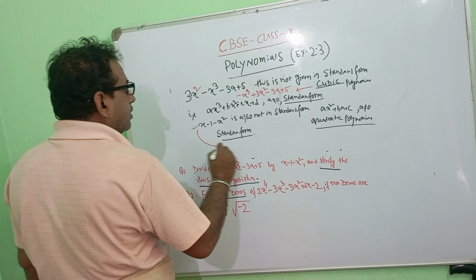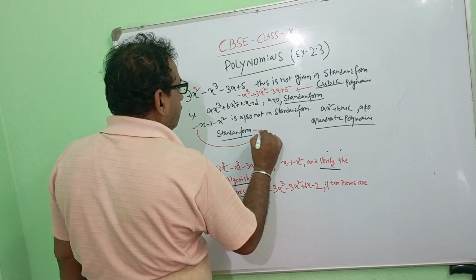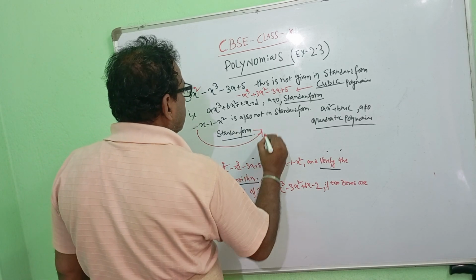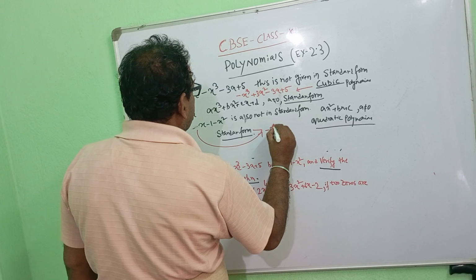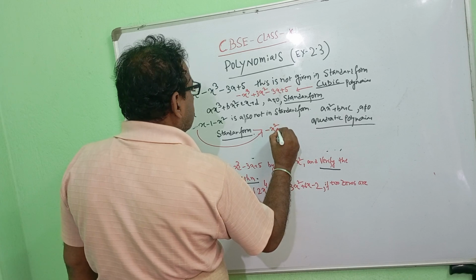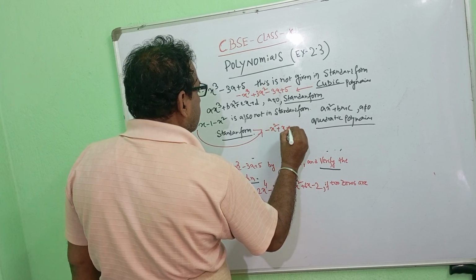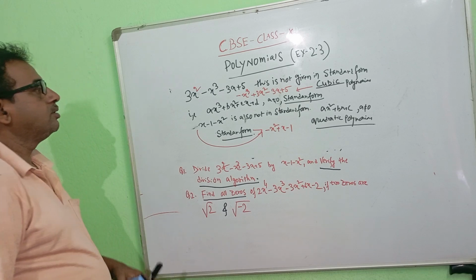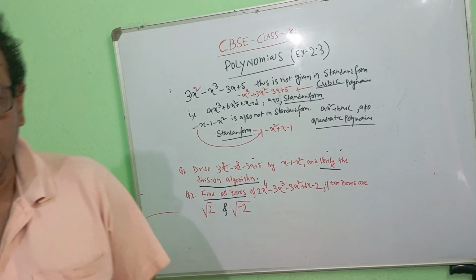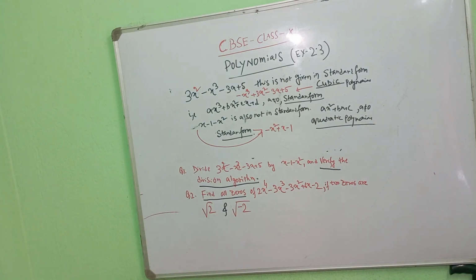And this standard form has to be written as minus x square plus x minus 1. We have to write first the things in the standard form. Clear?